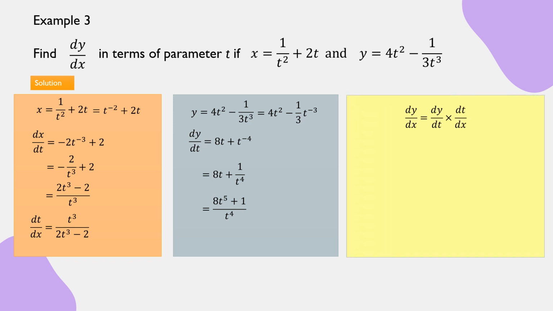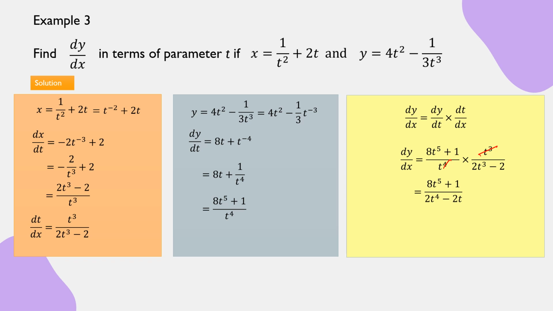So dy/dx equal to dy/dt times dt/dx. dy/dx equal to dy/dt, which is 8t to the power of 5 plus 1 over t to the power of 4, times dt/dx equal to t cubed over 2t cubed minus 2. So we can cancel t to the power of 3 here.